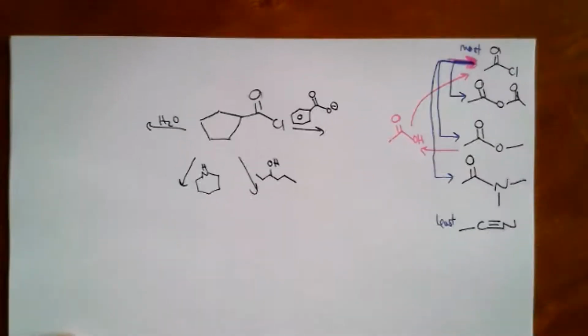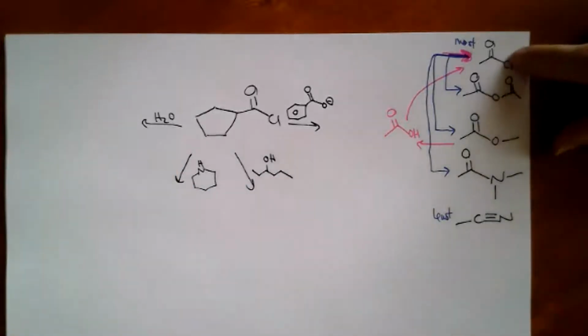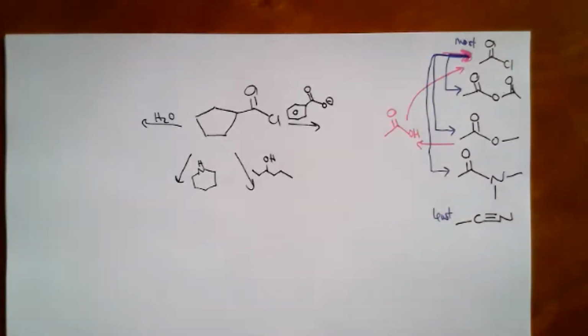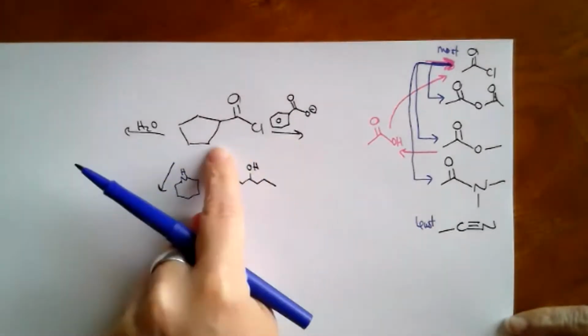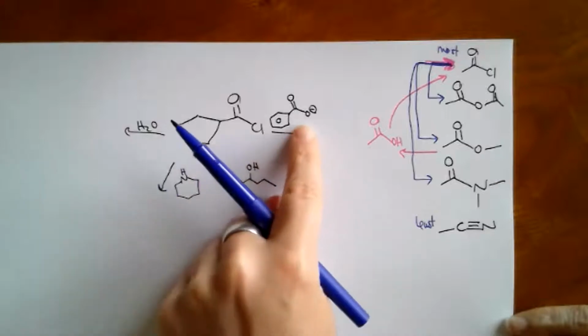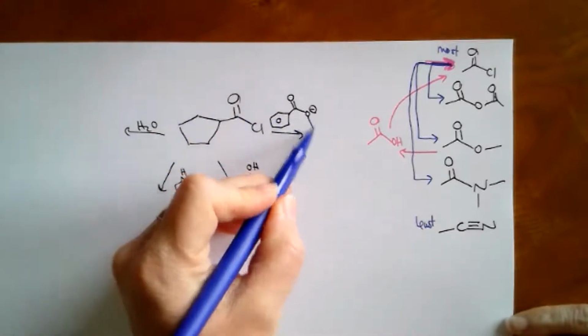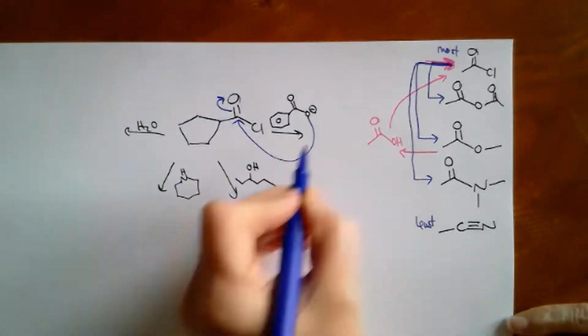So let's draw some mechanisms of these guys. There are 4 things here, and as I have drawn, you can turn an acid chloride into 1, 2, 3, 4 things. So that's where we're going. We're going to do mechanisms, so we're going to start over here on the right. This is an anionic nucleophile. We attack the carbonyl carbon like that.